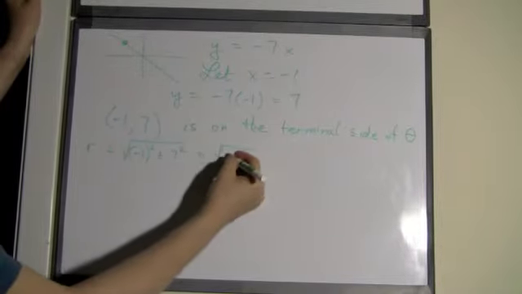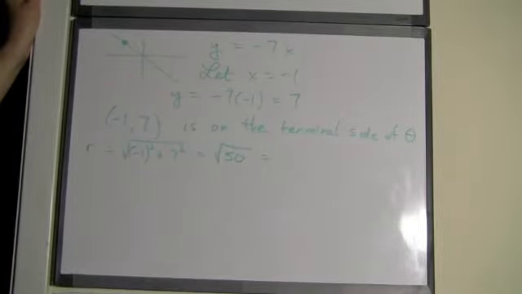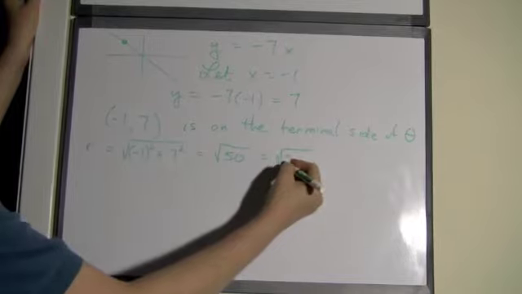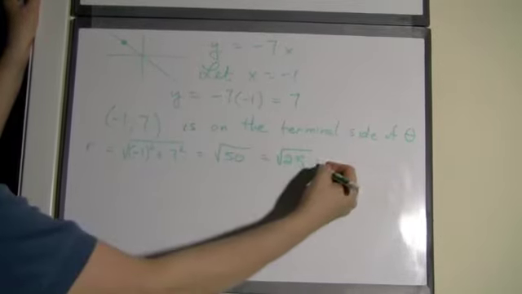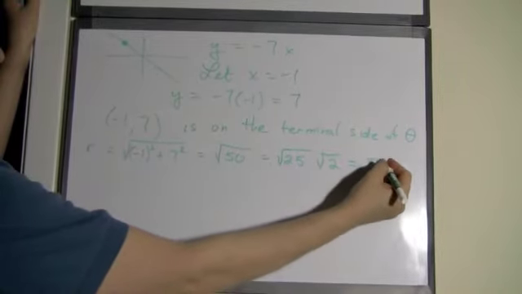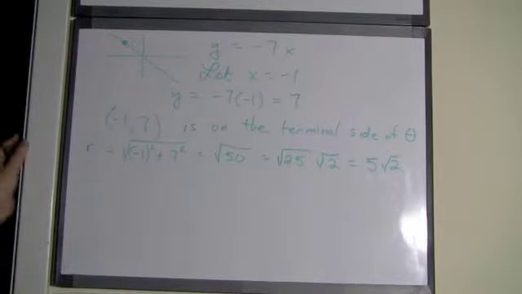So r is equal to the square root of 50, which, since 50 is 25 times 2, and 25 is a perfect square, becomes square root 25 times square root 2, which simplifies to 5 square roots of 2. So that's our value of r.